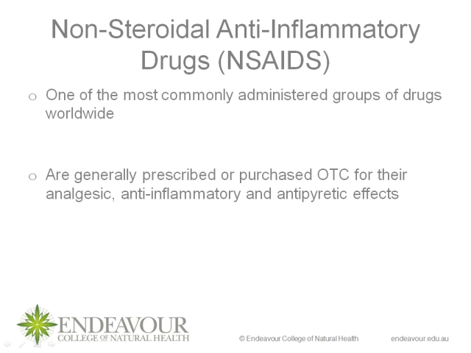The non-steroidal anti-inflammatories, NSAIDs, are one of the most commonly administered groups of drugs worldwide. In Australia, 10 million of them were prescribed. So this is separate from where people may have self-prescribed over-the-counter medications for a range of diseases, including inflammation and joint diseases. This is just those that were prescribed, 10 million.